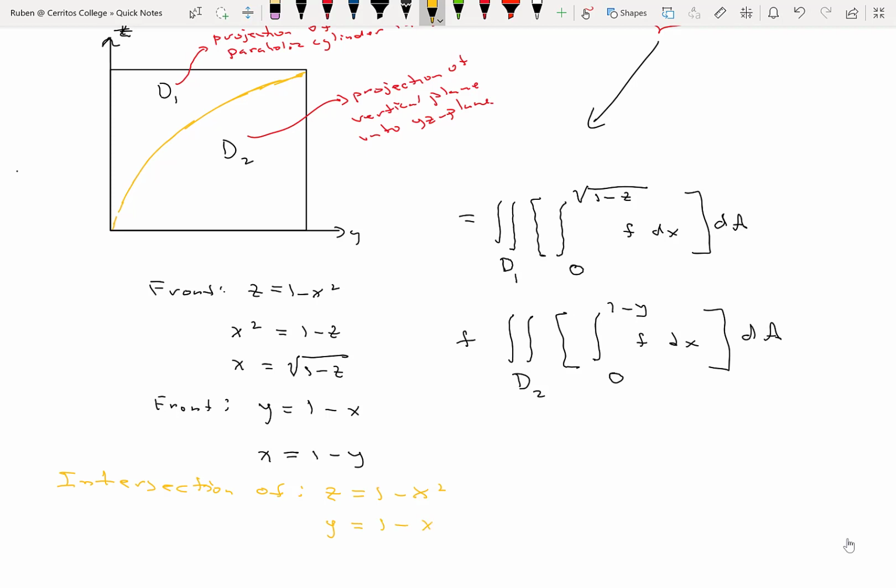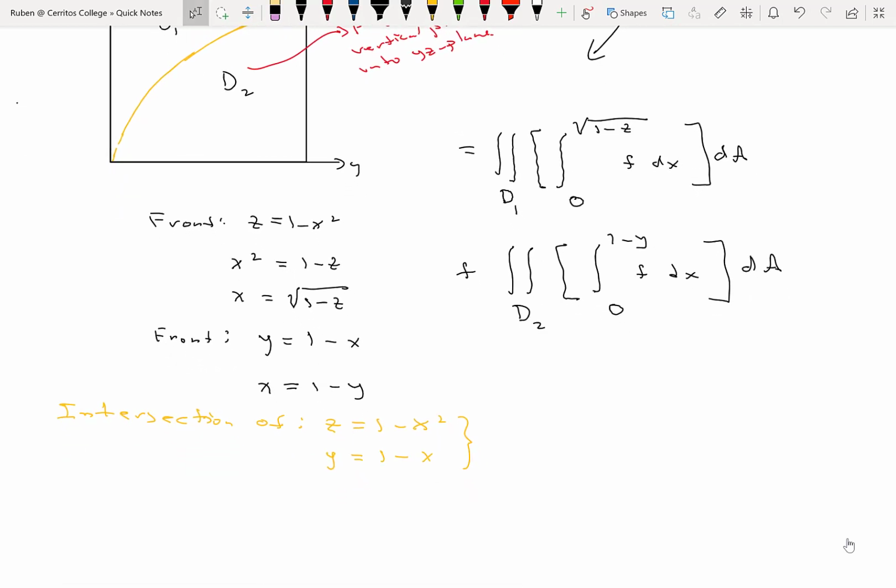To find the intersection, I need to substitute one variable into the other. Now the little yellow curve in the YZ plane is independent of x. So with these two equations, I'm going to eliminate x by solving one of the equations for x and substituting into the other.